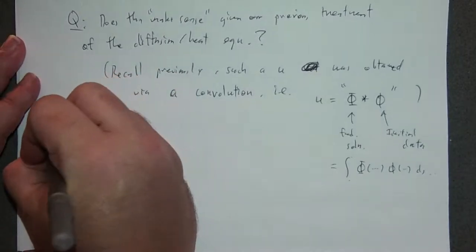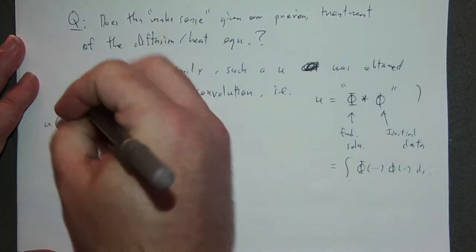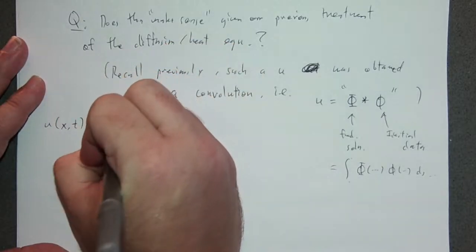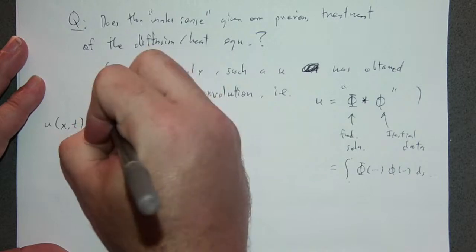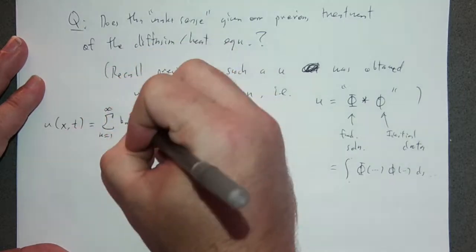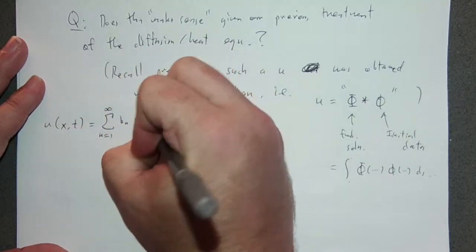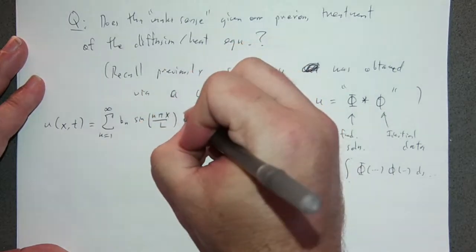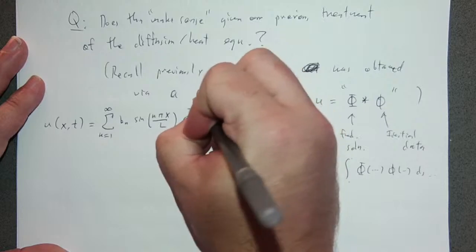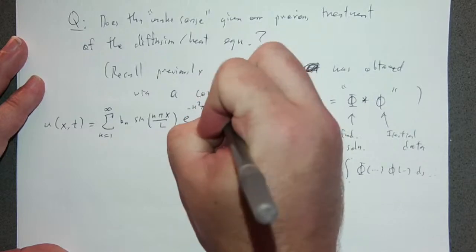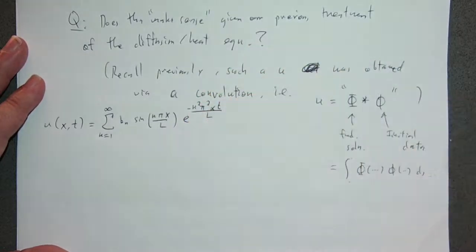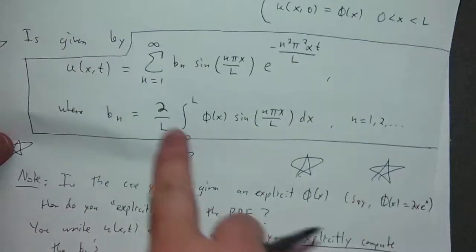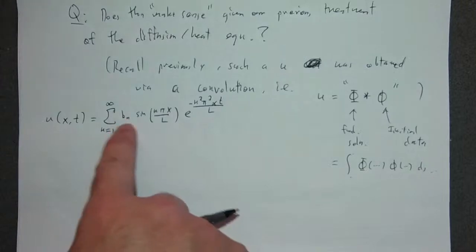So I'm going to take u of x,t and rewrite it. This is the sum from n equals 1 to infinity of b sub n sine of n pi x over L e to the minus n squared pi squared alpha t over L. And now I'm going to insert the b sub n right here.